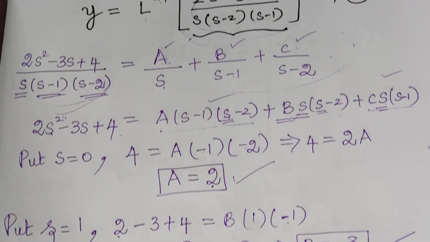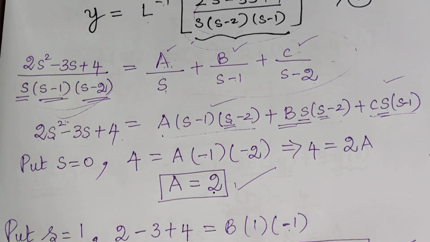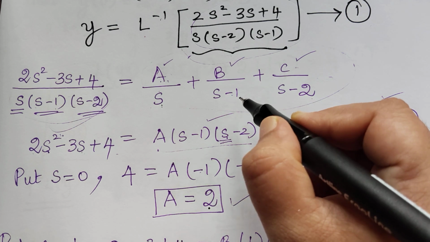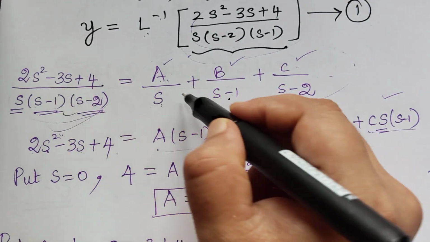And then what is the second term? It is b by s minus 1. The value of b is minus 3. So it is minus 3 by s minus 1. And we have to take the Laplace inverse of this term because this term replaces this.